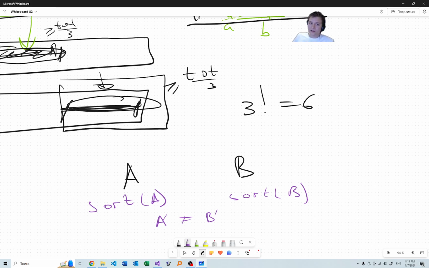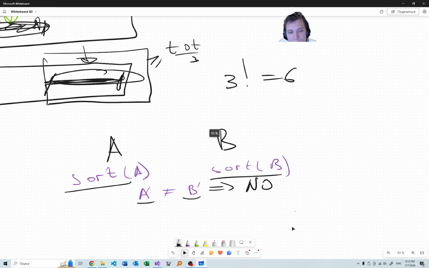So to check that two multisets of elements are equal, you can just check that the sorted orders of the arrays are the same. So if sorted A is not equal to sorted B, then impossible. Let me just write no. Answer is no.